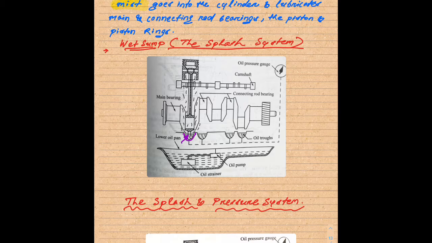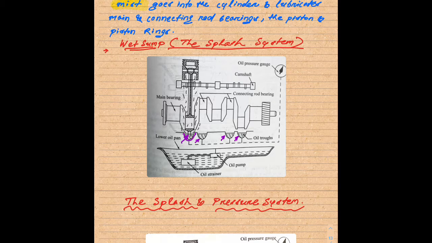You can see there are several oil pans available. Here it is a 4-cylinder engine, that is why we have 4 oil pans. In the oil pans we have lubricants.